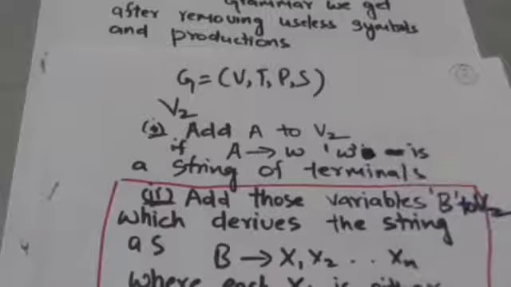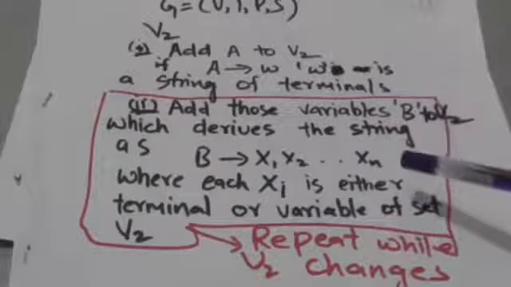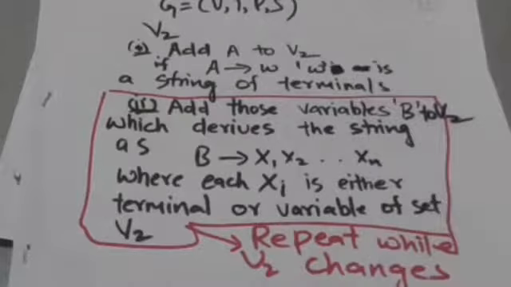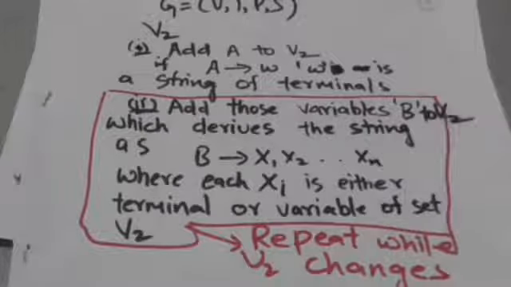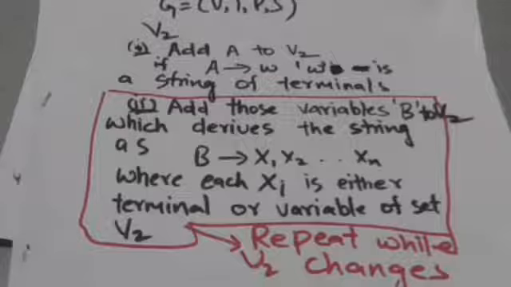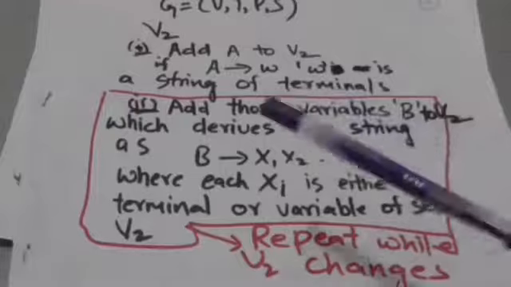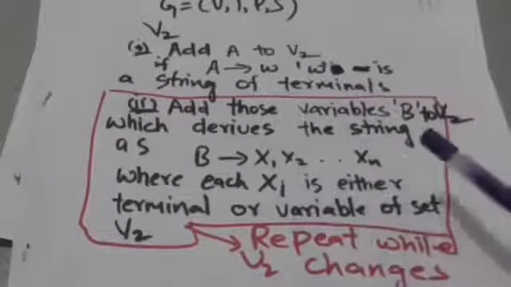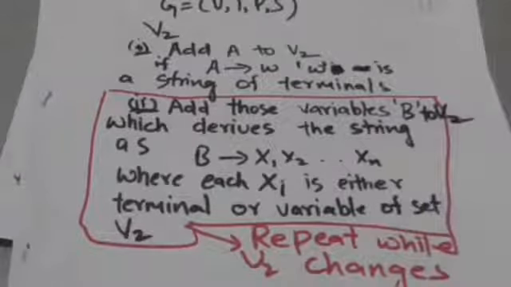After this, we will repeat this step while V2 changes. Now, what we have to do in this step, right? Add those variables B to V2 which derives the string as B derives x1, x2, x3 up to xn, where each xi is either a terminal or a variable of set V2.